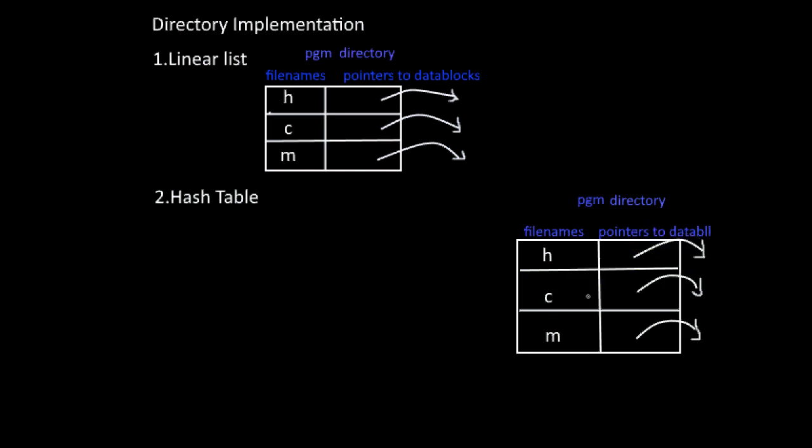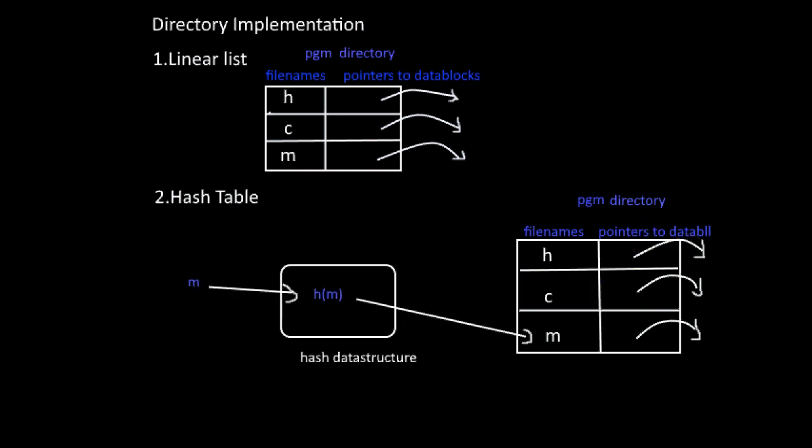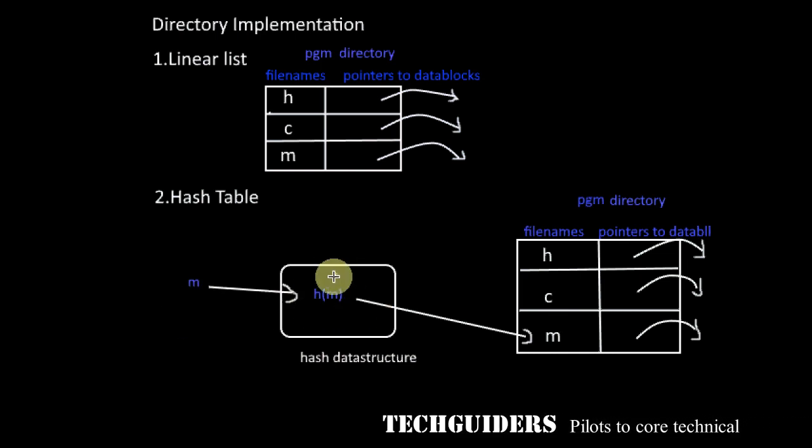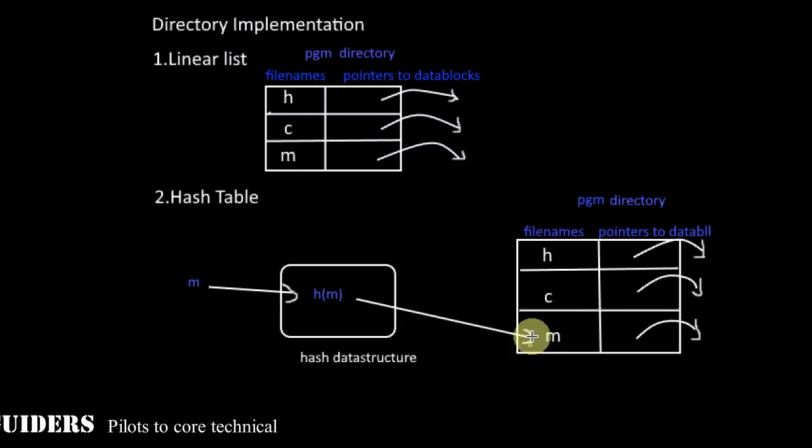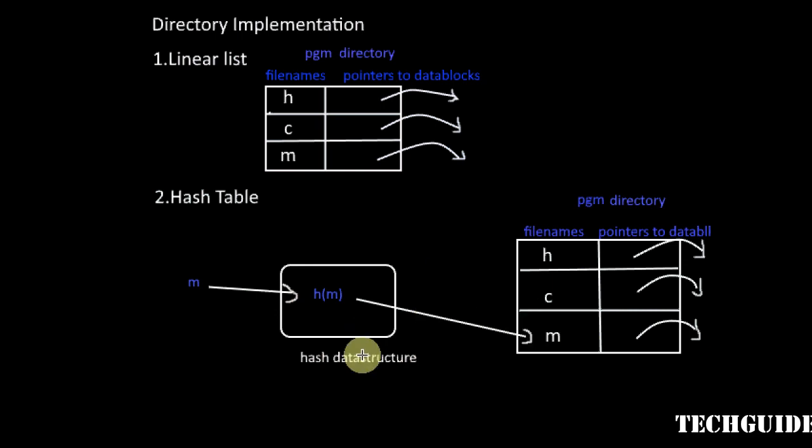But in addition, a hash data structure is used which makes use of the file name as the key and computes a value which points to a location that helps to access the corresponding entry in the linear list. Thus, the search time is considerably reduced, but all the problems with the hash data structure exist here.